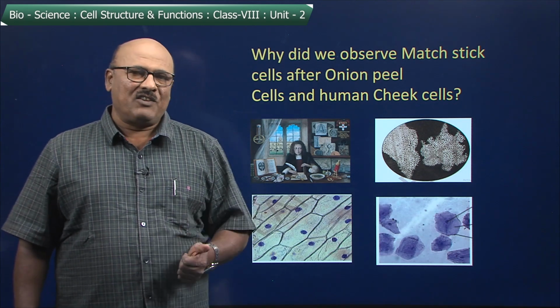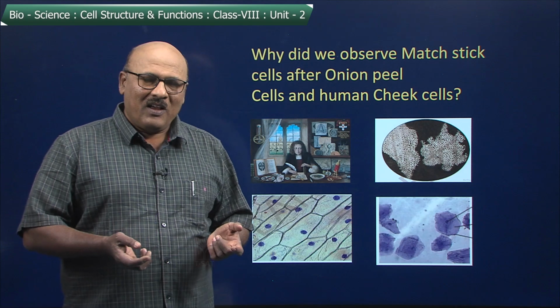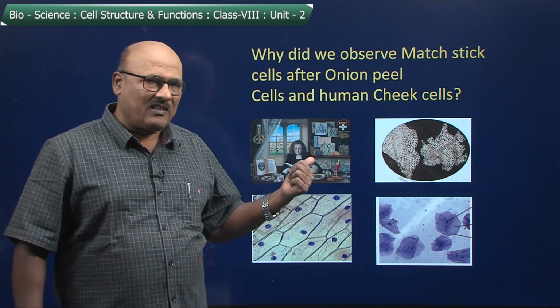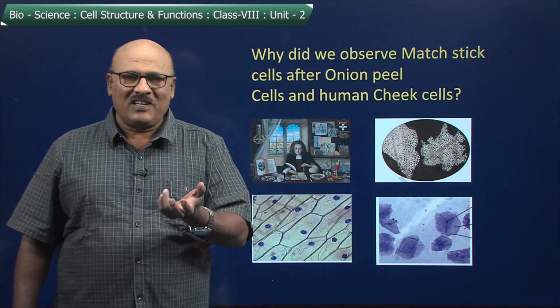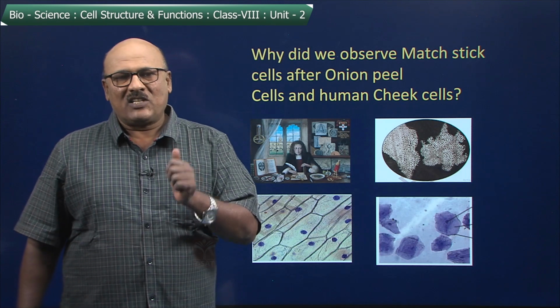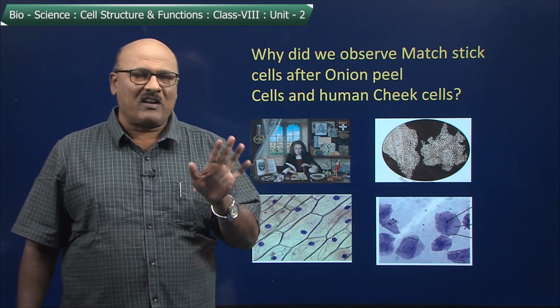Similar to Robert Hooke, we first chose dead cells, that's why we selected the matchstick. When we took a section of the matchstick, we also observed a lot of empty spaces in its cells. So we decided that all cells are empty, but they are not empty.